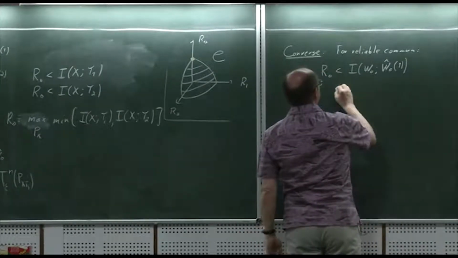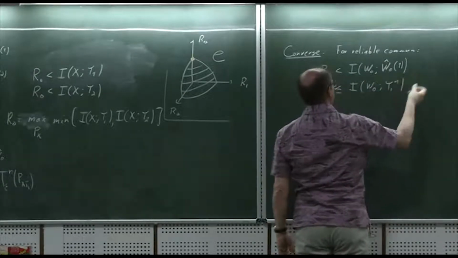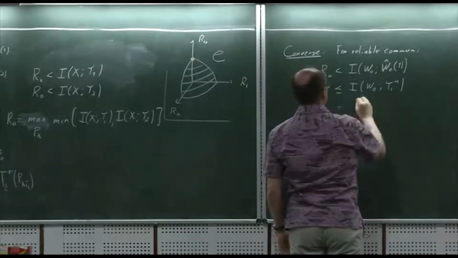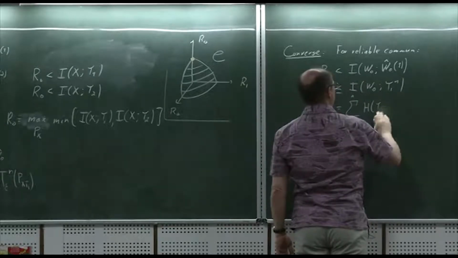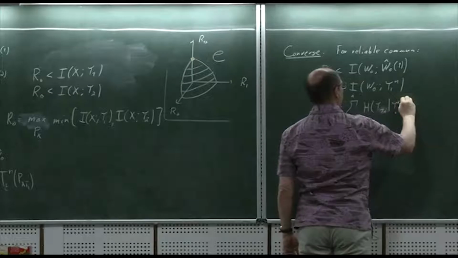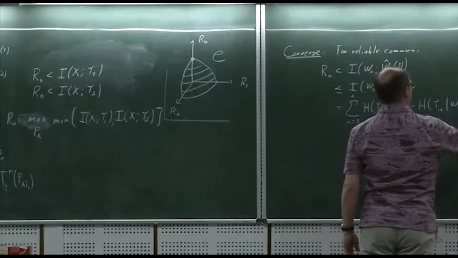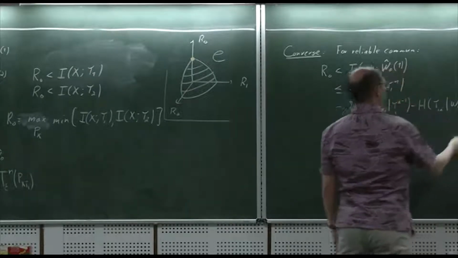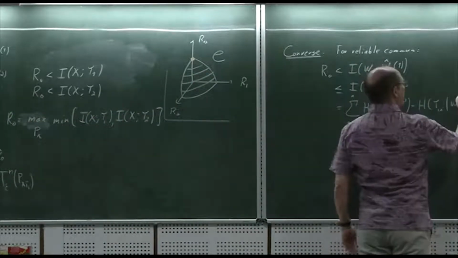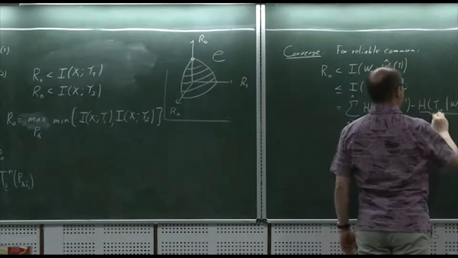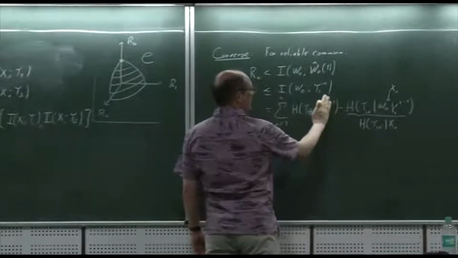We use the data processing inequality as usual, and then the usual sequence of steps: sum over i equals 1 to n of h(y1i | y1^(i-1)) minus h(y1i | W0, y1^(i-1)). But W0 gives us x, so we can just stuff in here xi, and so this is just h(y1i | xi), and here we can just say that h(y1i | y1^(i-1)) is less than h(y1i).